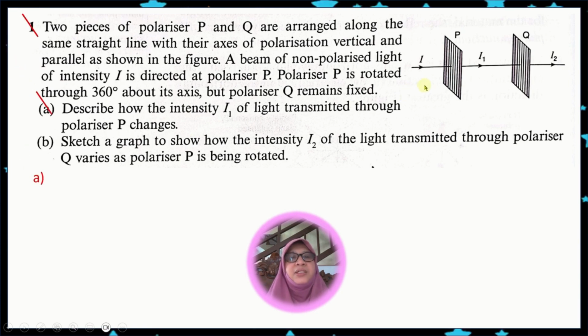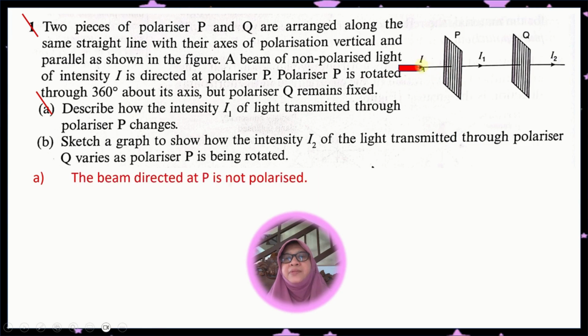Okay, mention here the intensity of light passed through polarizer P. The beam incident at P is not polarized. Okay, this is given in the question, a beam of non-polarized light. So the beam is not polarized.